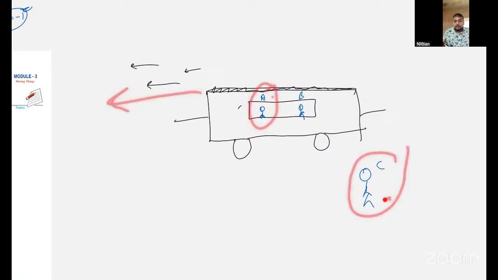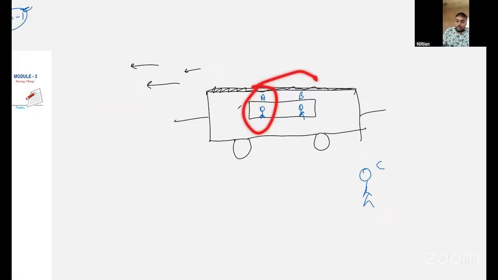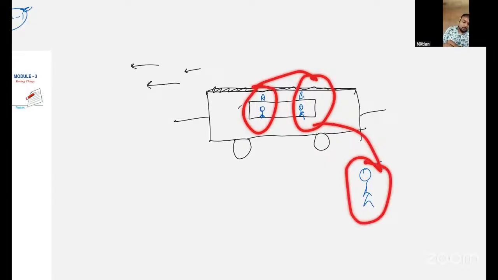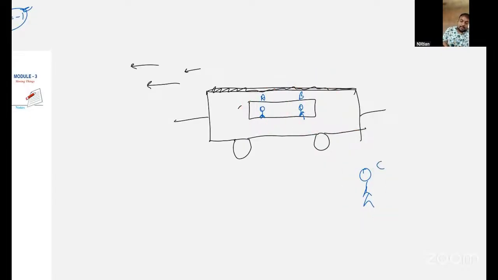Are you getting this? So according to A, B is at rest and C is in motion. Let me write it out first, then I will take your thoughts.